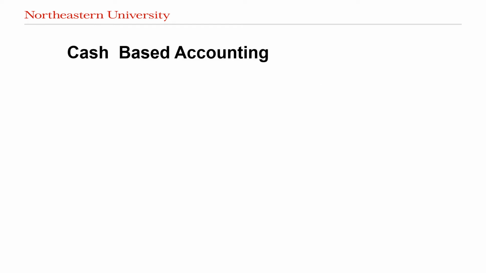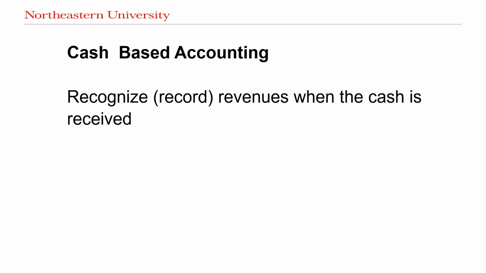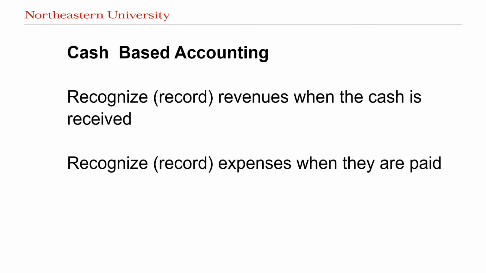Now, there are several other kinds of accounting processes that you should be familiar with, and the second most common after accrual-based accounting is called cash-based accounting. In cash-based accounting, you recognize, that is, you record the revenues when the cash is actually received in hand, when the check arrives, and you record your expenses when they are actually paid, when you have written the checks.